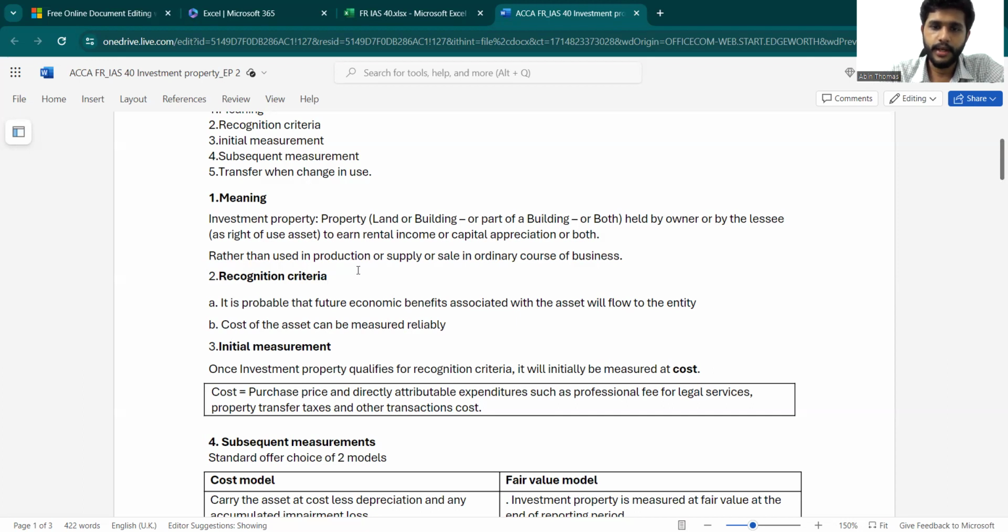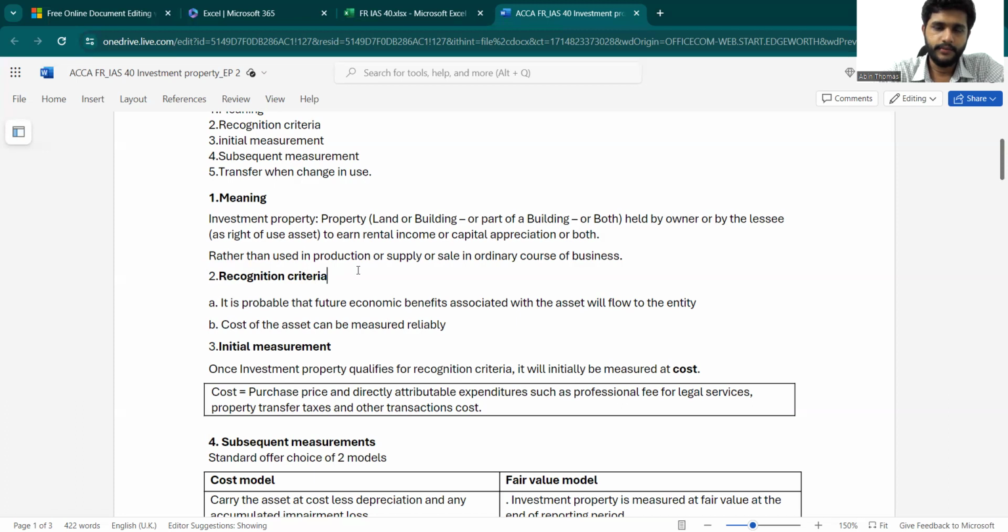So you are recording the books, preparing the journal entries, posting them, and finally you are preparing the financial statements. Okay. So always have the mentality that you are an accountant in an organization. Okay. So the next topic will be the recognition criteria.